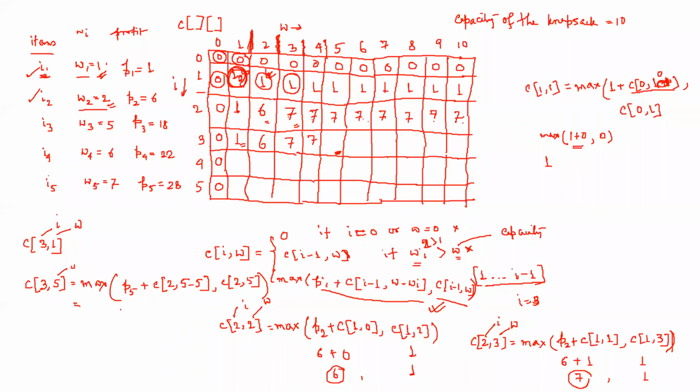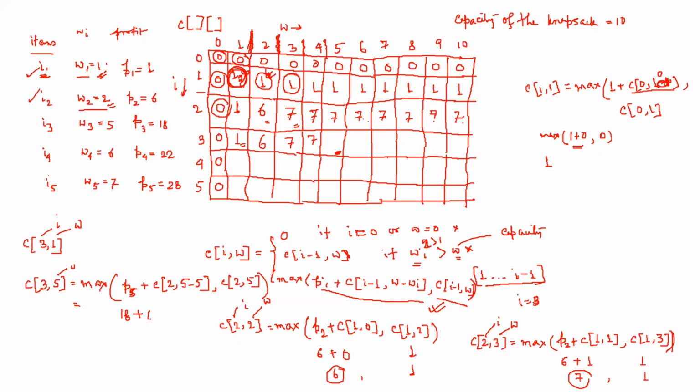So what will be the maximum value? P5, sorry, this is Pi, so P3. P3 equals 18 plus C20. We have calculated C20, this value is 0.